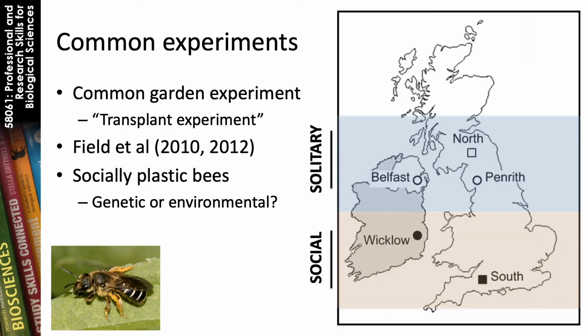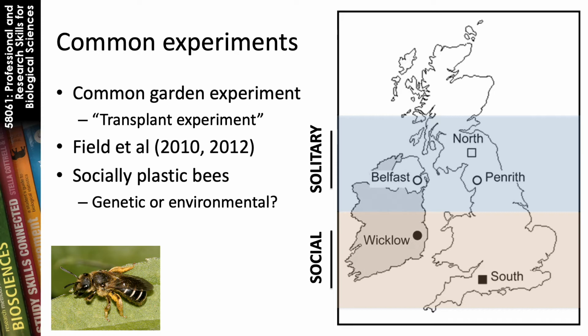So a common garden experiment, which is also known as a transplant experiment, is a really nice way of asking the question, is a particular trait difference down to genetics, or is it mostly down to environment? Is a difference you see in nature predominantly genetic or predominantly environmental?